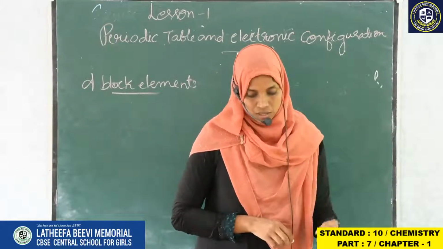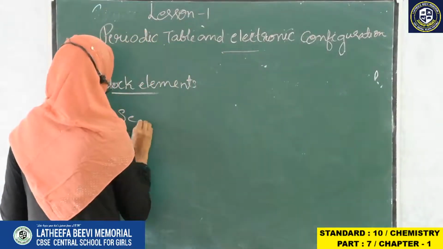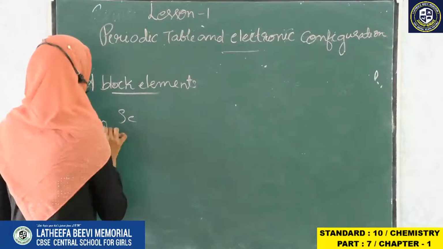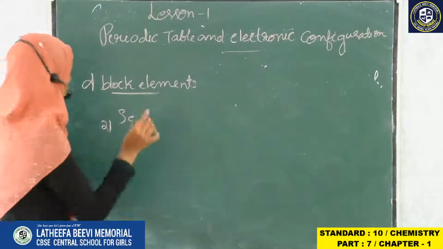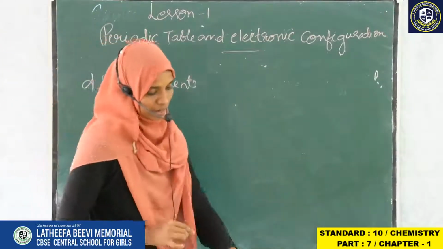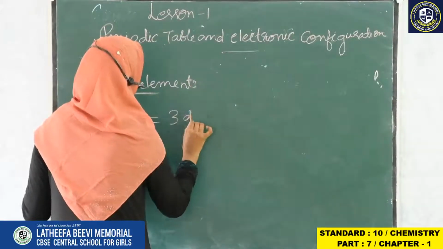Okay. So we know the electronic configuration of scandium. What is the atomic number of scandium? It is 21. Okay. So how can we write the electronic configuration of scandium? In the outermost shell there is 3d1.